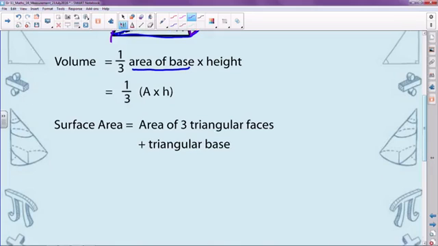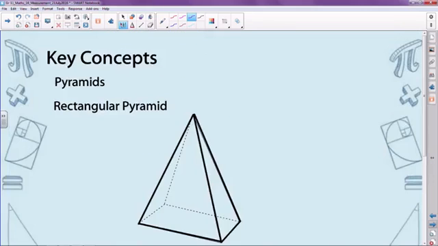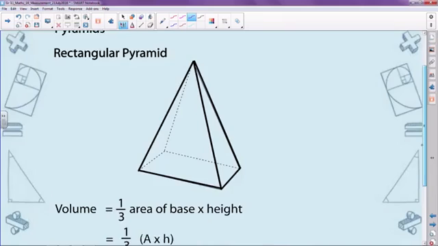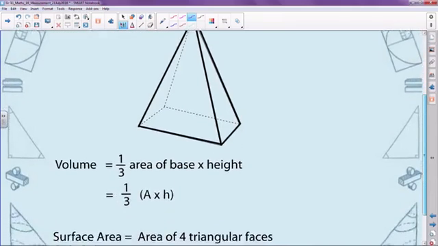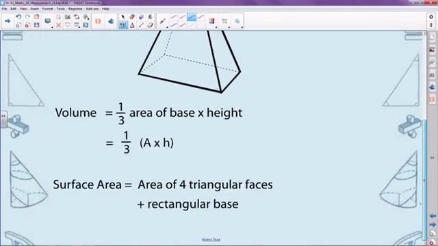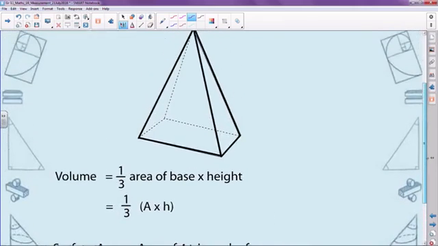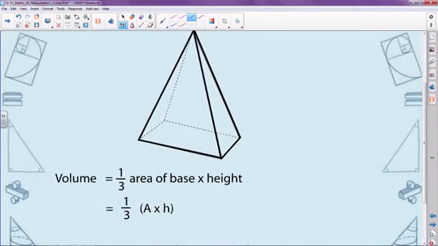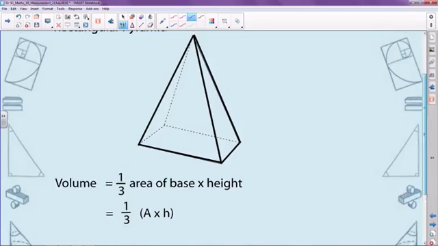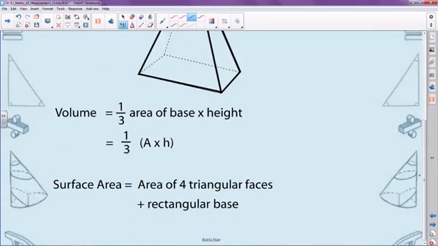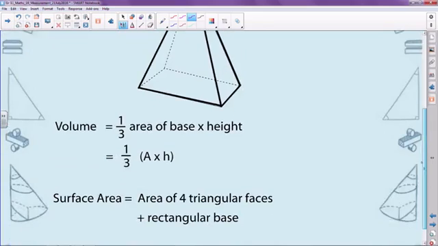Now the volume is given by a third of the area of the base multiplied by the height, and the surface area is the area of the 4 triangular faces plus the rectangular base.